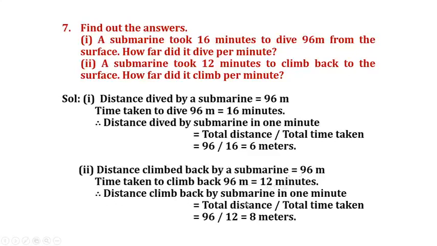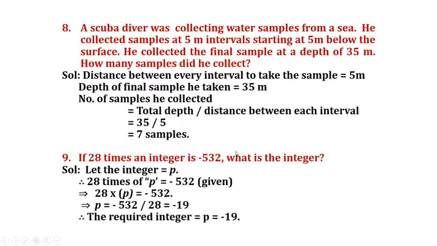So the distance climbed back by the submarine in 1 minute is equal to total distance by total time taken, which is 96 by 12, which is equal to 8 meters. So when it was climbing back, it is coming 8 meters per minute, but diving into the water only 6 meters per minute it is going. So that is the problem here. So next, we are just dividing the numbers here.